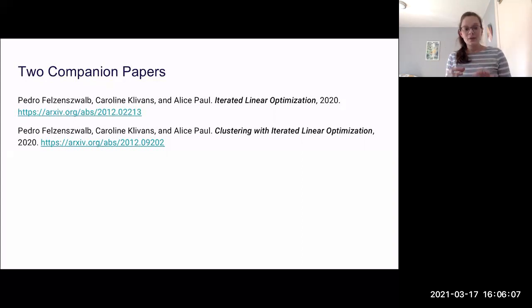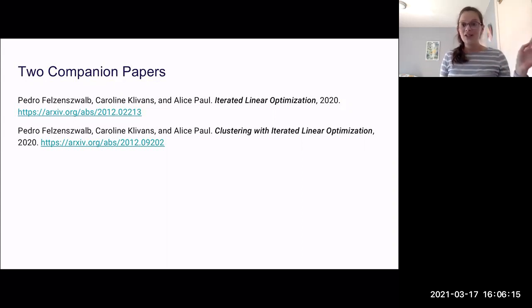The work has actually been split up into two pieces. These are the two papers that I've put links to here. One focuses more on the optimization, this iterative linear optimization map that we can think about in multiple different contexts, and analyzing how that map behaves. The second piece is taking that map and applying it to clustering and semidefinite programming in particular.